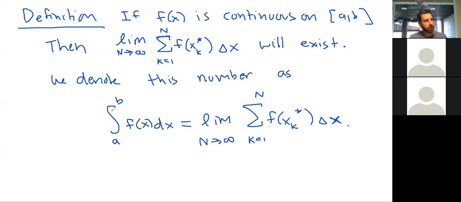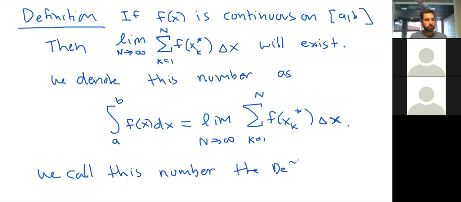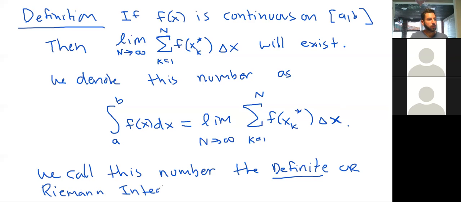We denote it with this elongated S. And we call this number the definite, or Riemann, integral of f on [a, b].